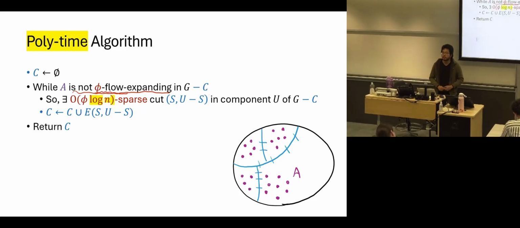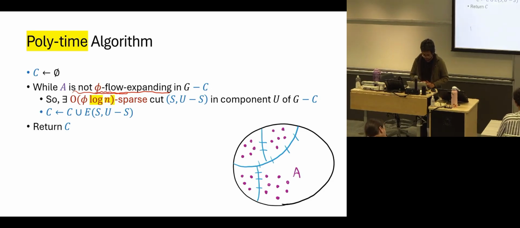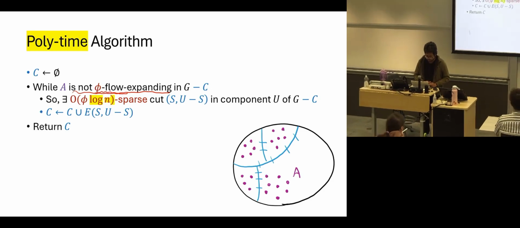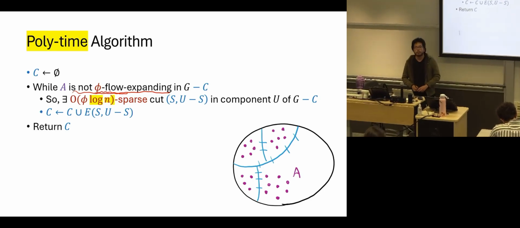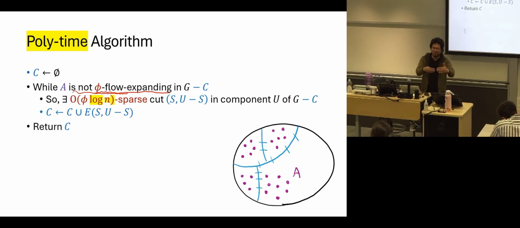Does the e wind up being in like an exponent or something? I'm trying to figure out why you can do this in polynomial time, but not in the expansion version. Oh, so to check if it's flow expanding, we see the linear program that captures the problem.